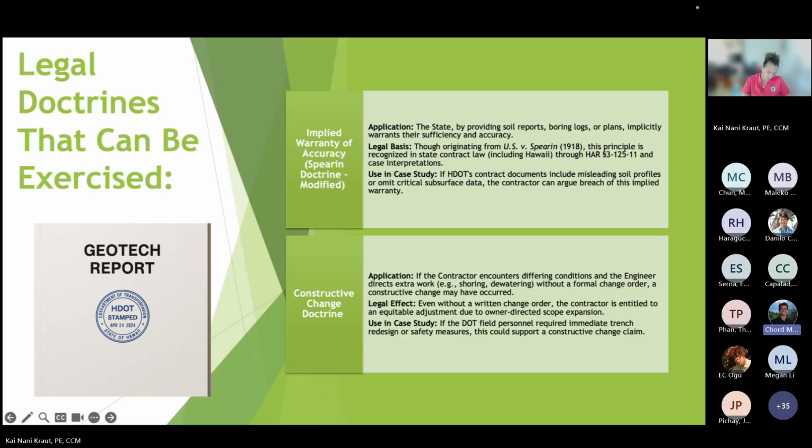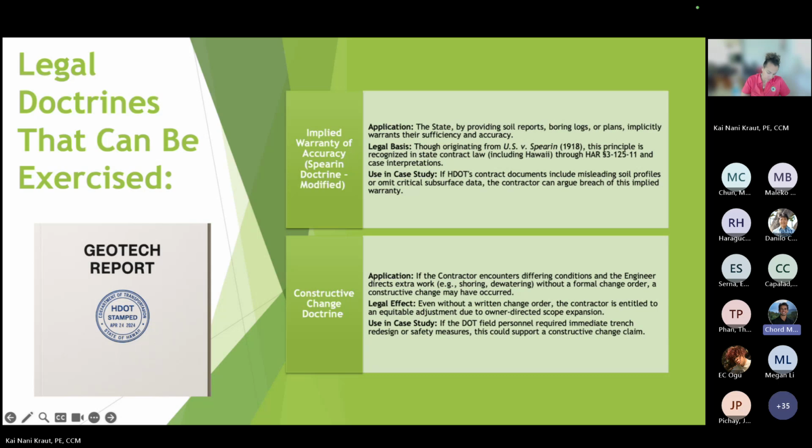Originating from US v. Spearin, this principle is recognized in state contract law through HAR and also case interpretations. So relating back to the case study, if HDOT's contract documents include misleading soil profiles or omit information, the contractor can argue breach of this implied warranty. So that is one example.